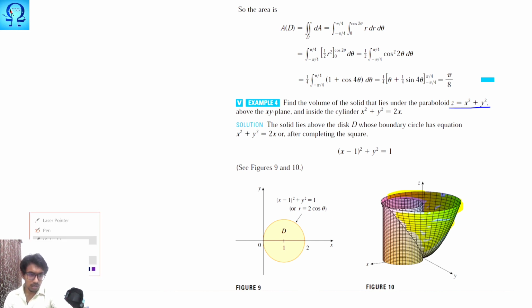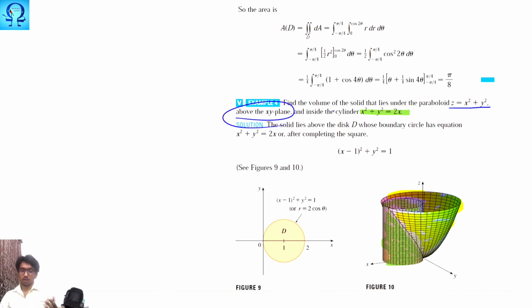And under this paraboloid, and inside the cylinder x square plus y square is equal to 2x, the one that I am highlighting in green color is the cylinder that they are talking about. And they have also said above the xy plane, which in 3 dimensions means only the positive z axis. So this is the region that we have to consider.